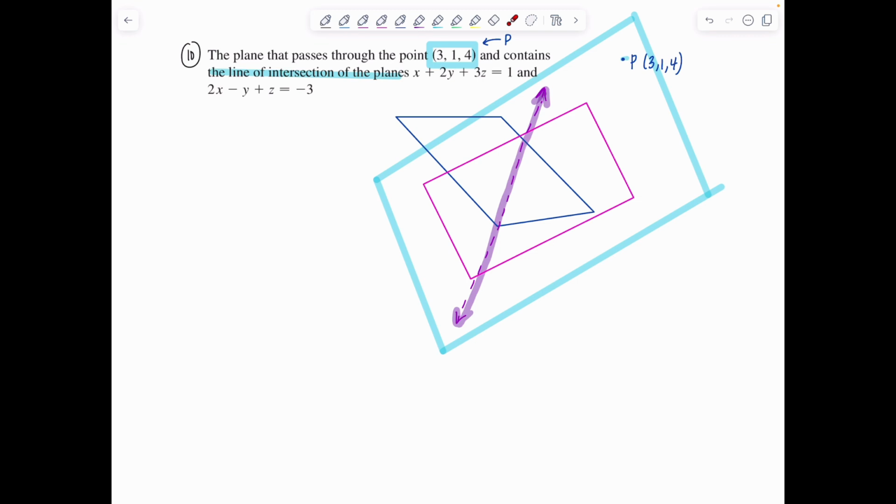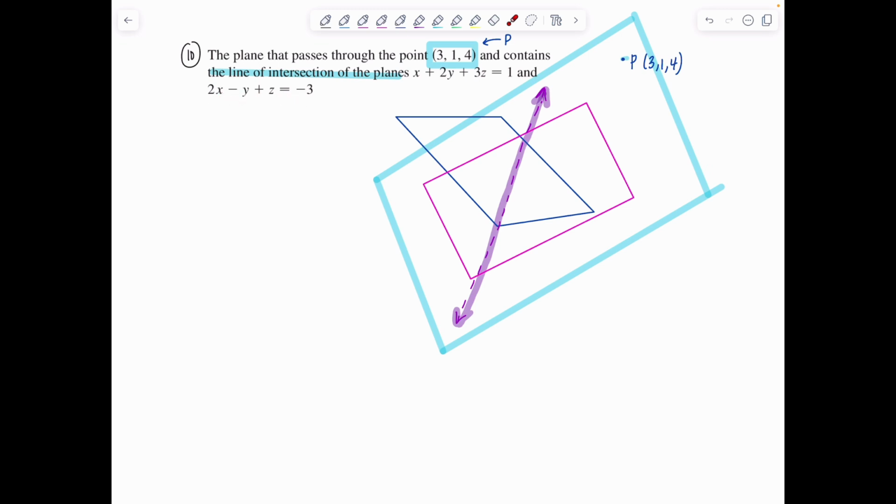So here's what you need to do. This line of intersection here, right? It is perpendicular to both of the normal vectors of the planes that were given to us here. This line of intersection lies in the first plane, therefore it is perpendicular to the normal vector of that plane, and also this line of intersection lies in the second plane, therefore it's also perpendicular to the normal vector of that plane.